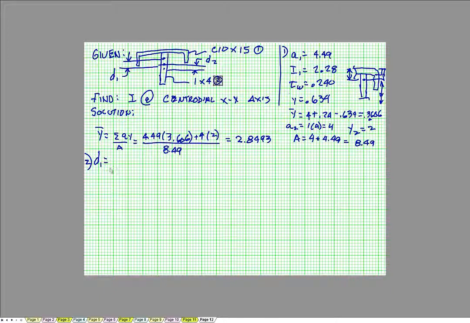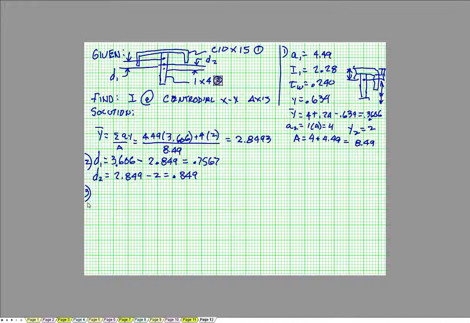Distance 1 equals 3.606 minus 2.849. That equals 0.7567 inches. Distance 2 equals 2.849 minus 2 inches. That is 0.849 inches.